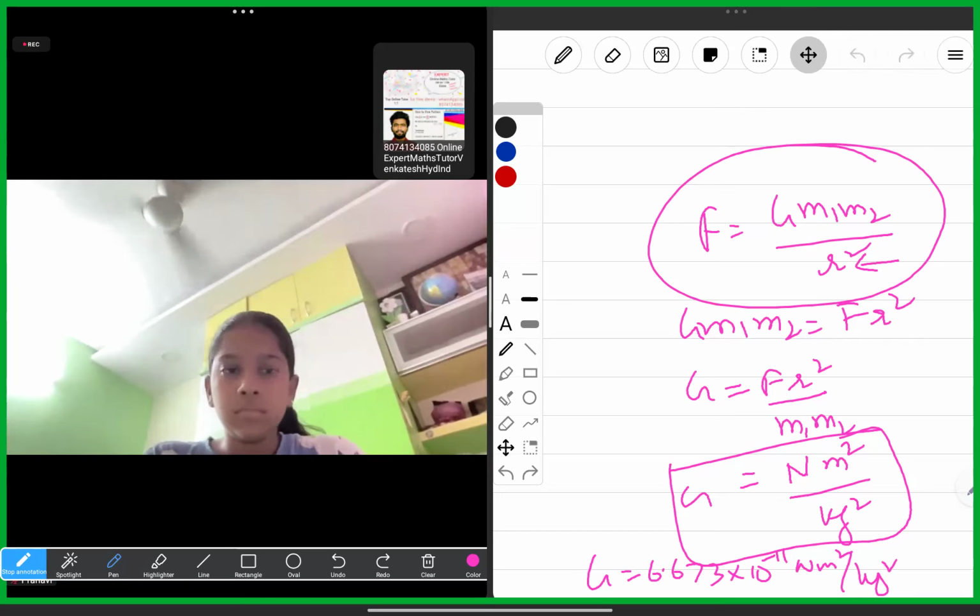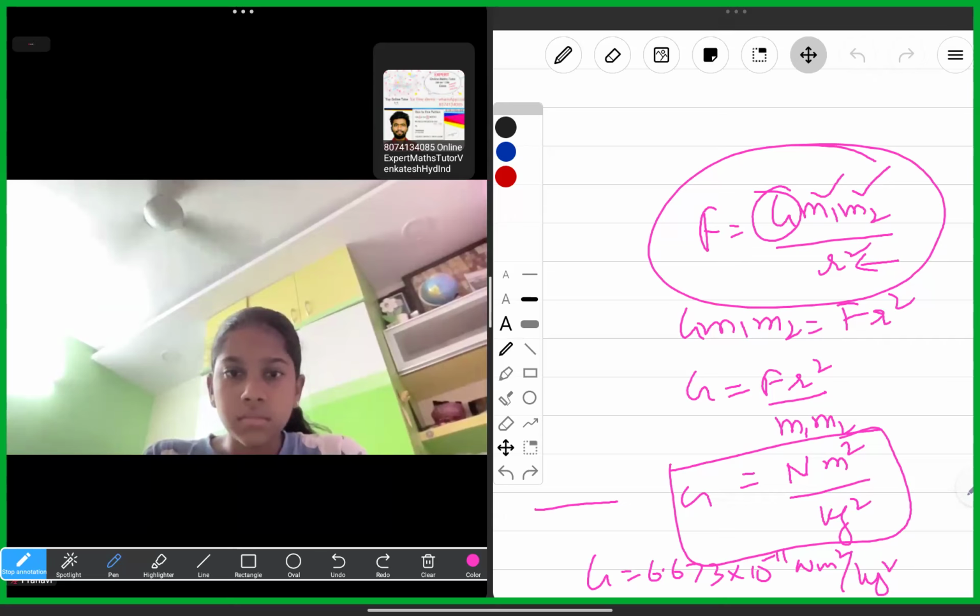If we increase that distance, the bodies move away from each other, and the value in the denominator increases. The numerator stays the same, those two masses, and G is already constant. Let us take the numerator: suppose one mass is 25 kg and another mass is 10 kg, total product 250.